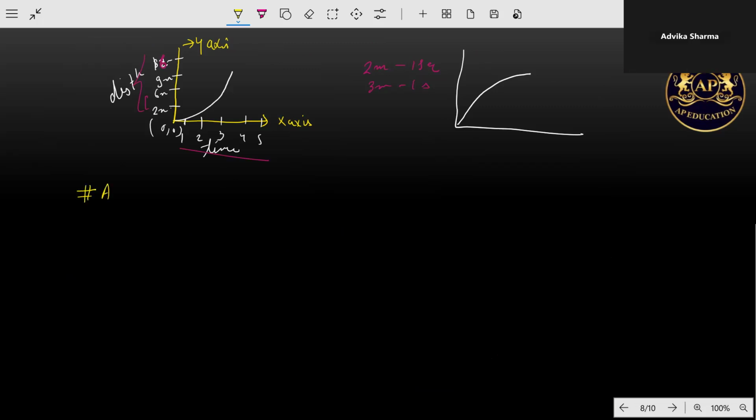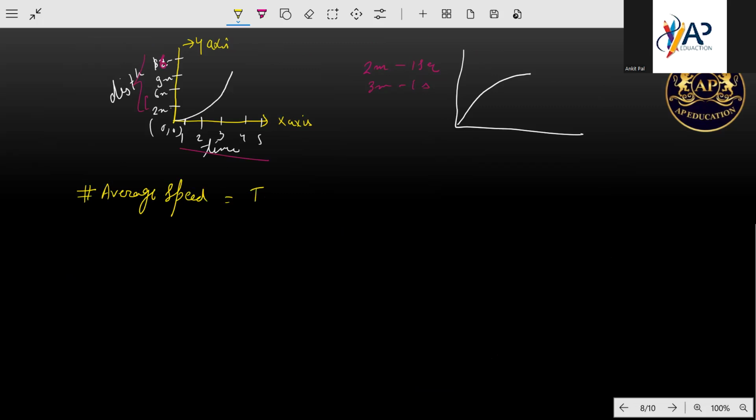Average speed is total distance over total time, right? Yes. Average speed is the ratio of total distance upon total time.